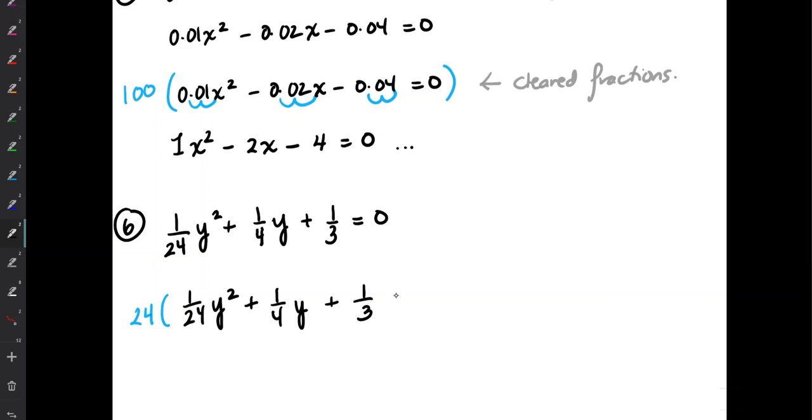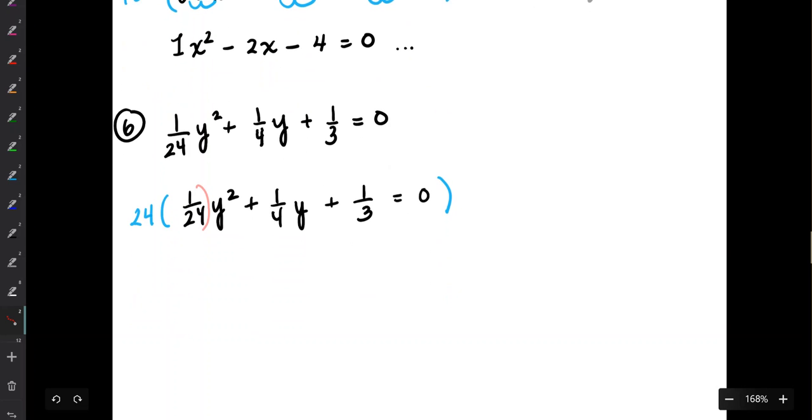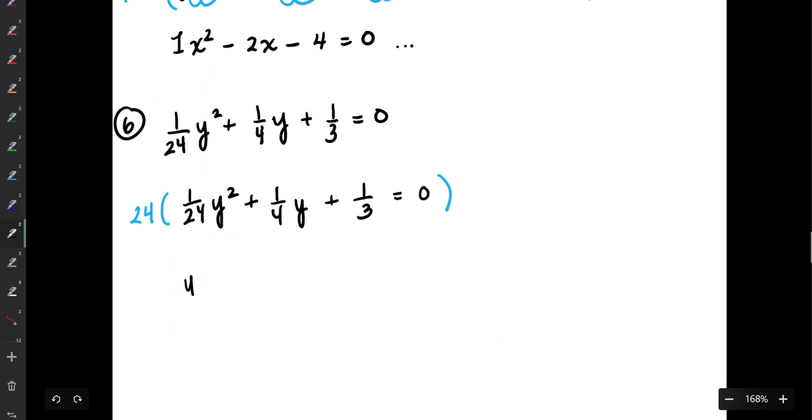And here we have it. 24 times a 24th is 1, so we've got just 1 y squared. 24 times a quarter, and maybe we even write that for a second, but you can go ahead and simplify it because dividing by my denominator, 24 divided by 4 is 6.